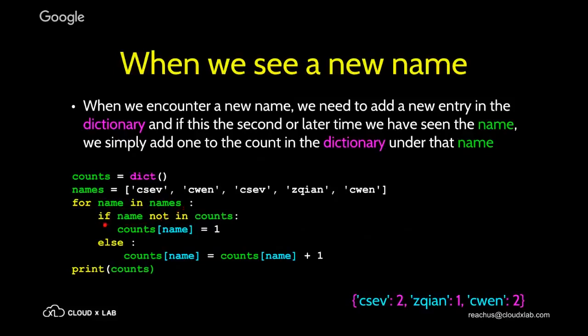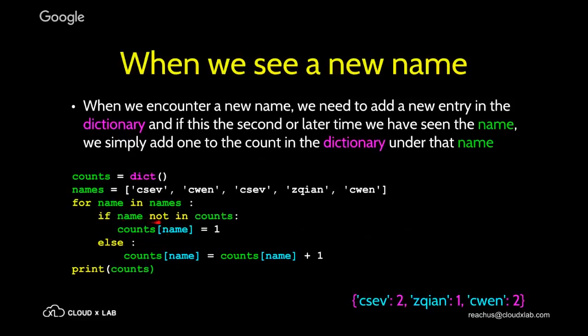If name not in counts, then we're iterating over this list of names. If the name is found in the dictionary, which means we have encountered a particular name already, then this would happen.